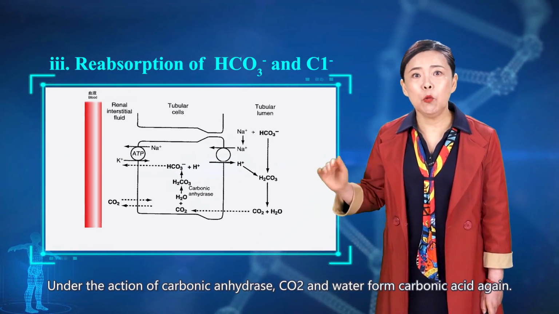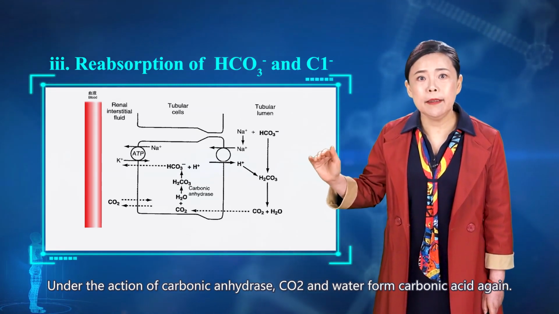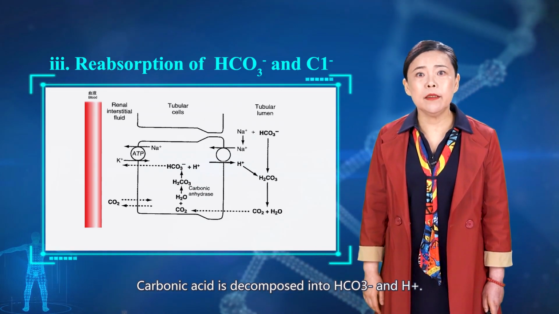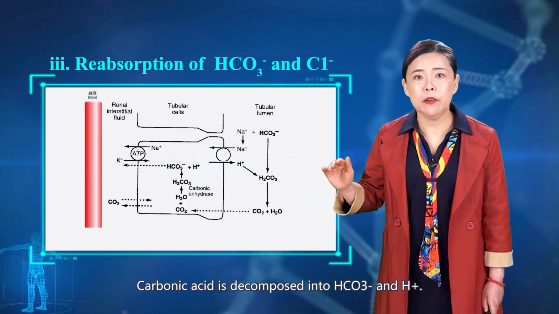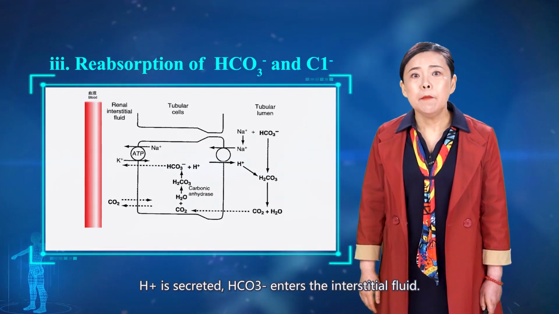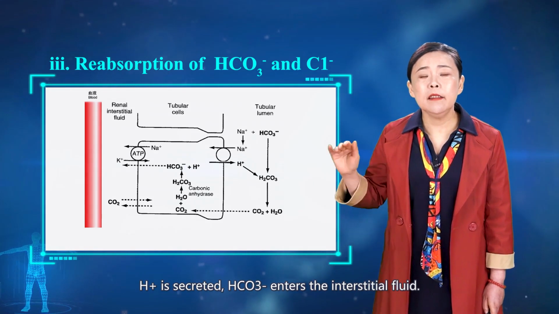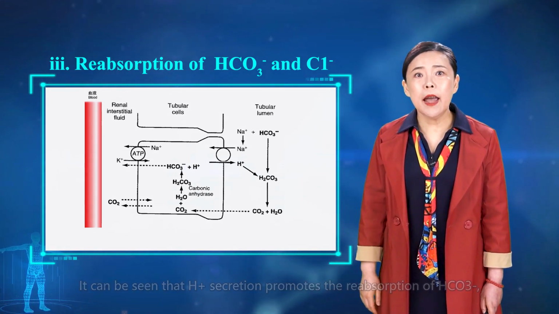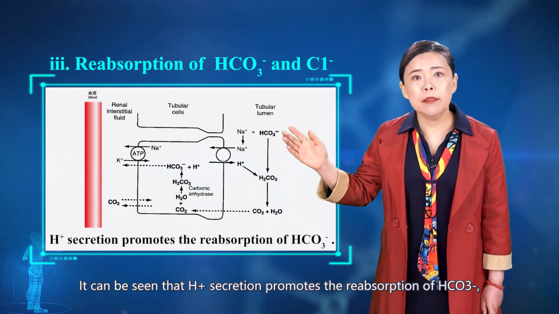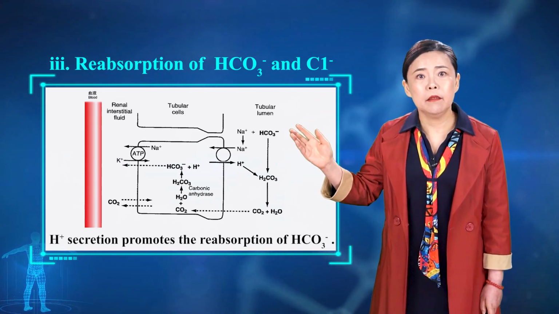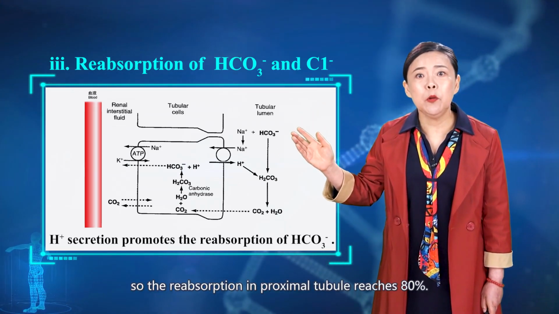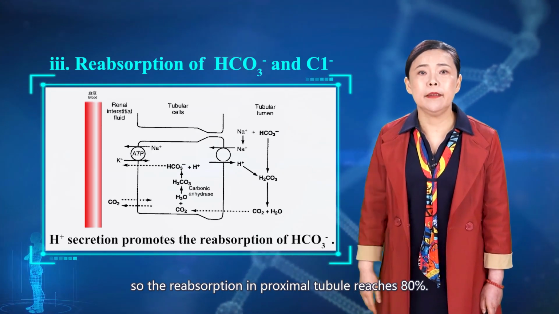Carbon dioxide and water form carbonic acid again. Carbonic acid is decomposed into bicarbonate and hydrogen. Hydrogen is secreted. Bicarbonate enters the interstitial fluid. It can be seen that hydrogen secretion promotes the reabsorption of bicarbonate. So the reabsorption in the proximal tubule reaches 80%.